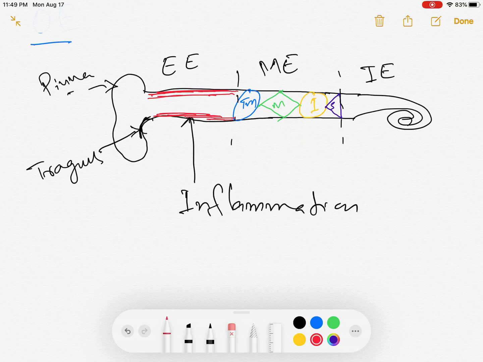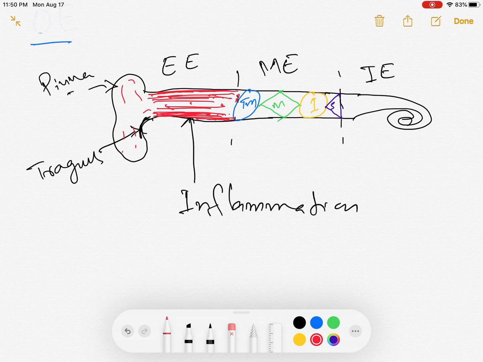And there is a spectrum to it. In mild cases, you have mild erythema and edema of the canal. In severe situations, you have so much edema that the ear canal can get almost swollen shut. Sometimes the inflammation can go all the way to the auricle and the tympanic membrane. But most commonly, it's the ear canal.